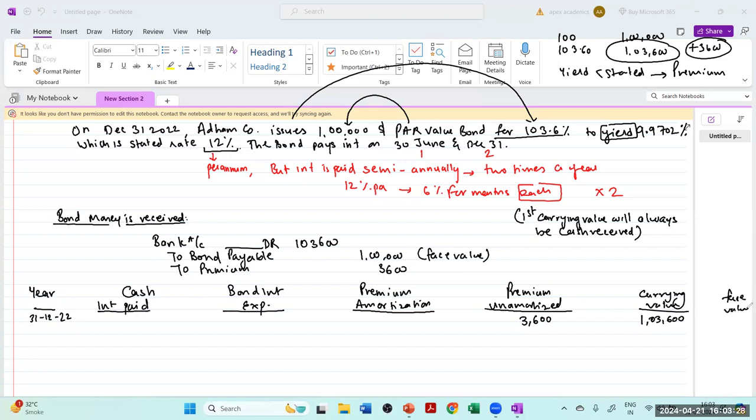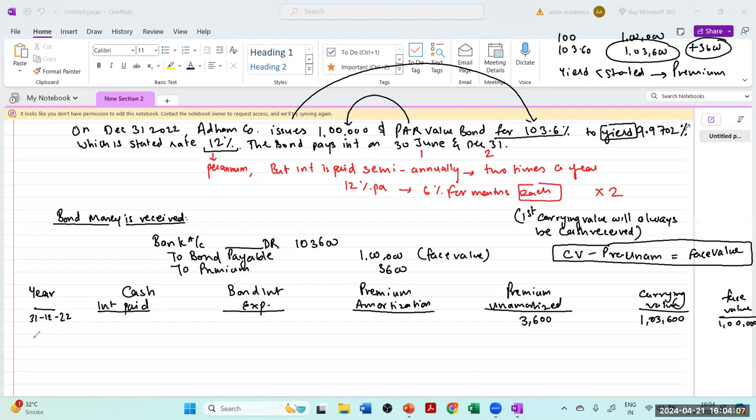So carrying value minus premium unamortized is equal to face value. Got it? So what is your face value going to be? Always it has to be 1 lakh.